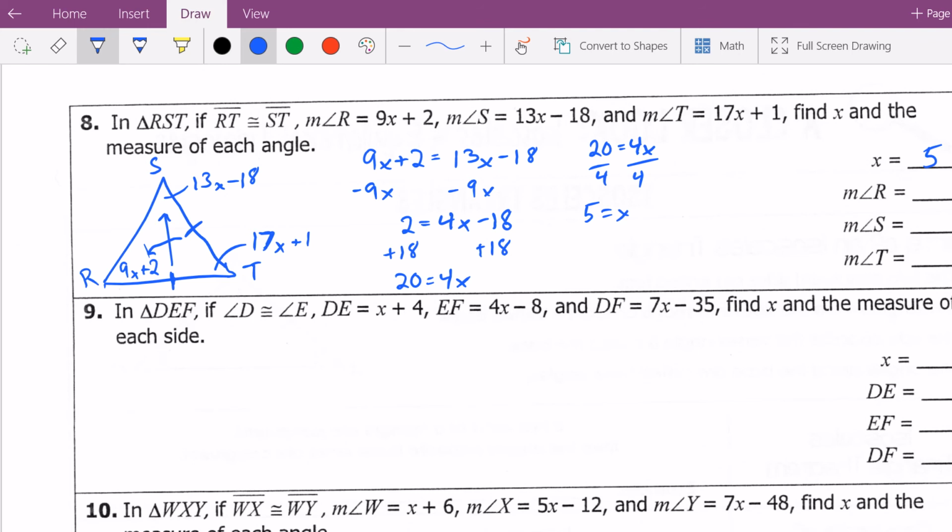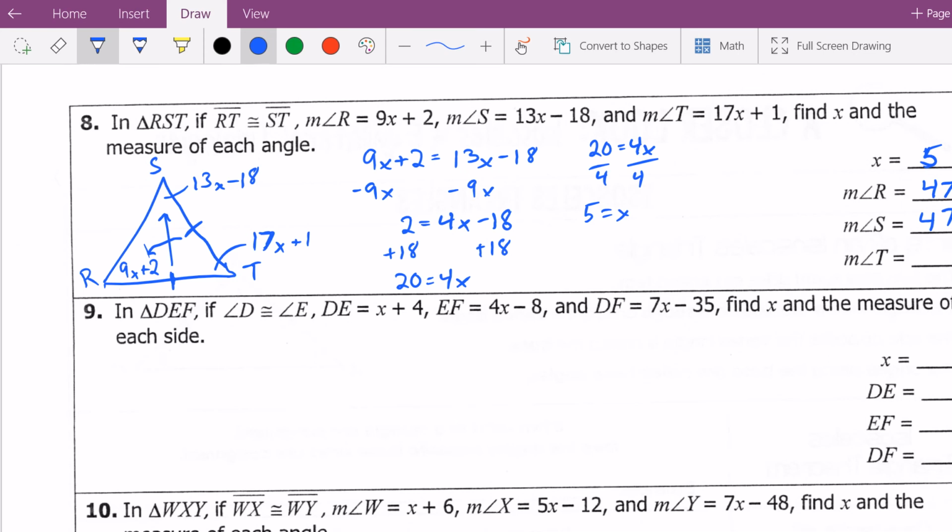Then I'm going to plug that into each of these angles. So for R, that would be 9 times 5, which is 45, plus 2, which gives me 47. For S, it would be 13 times 5, which is 65, minus 18, which, as I showed before, since those two angles are supposed to be congruent, is also 47.